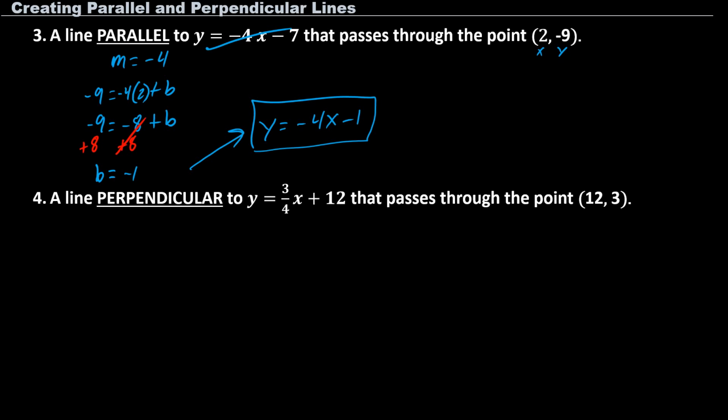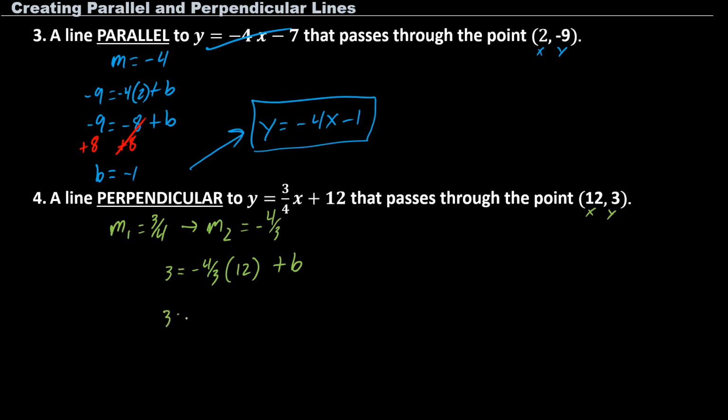For the next one, we're doing perpendicular, so the original slope is 3/4. So my perpendicular slope, m2, flip 3/4, so 4/3, and because it's positive, it becomes negative. Now I can plug in my new slope, negative 4/3, and my point, (12, 3), to get 3 is equal to negative 4/3 times 12 plus b.